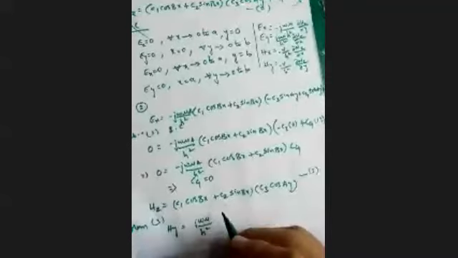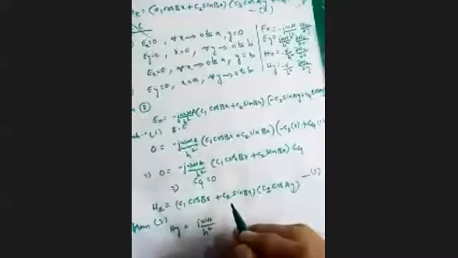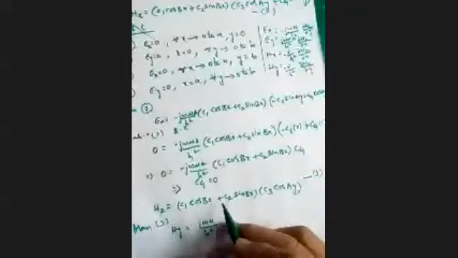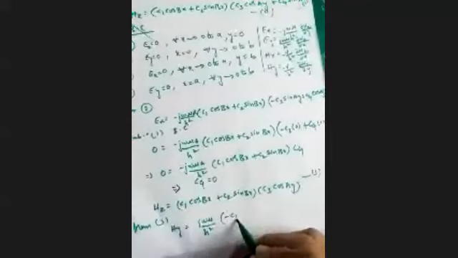From 3, Ey equals j omega mu by h square into dou Hz by dou x. You differentiate Hz with respect to x, so you will have minus c1 sin bx into b plus c2 cos bx into b. I'll bring that b here, and C3 cos Ay is as such.